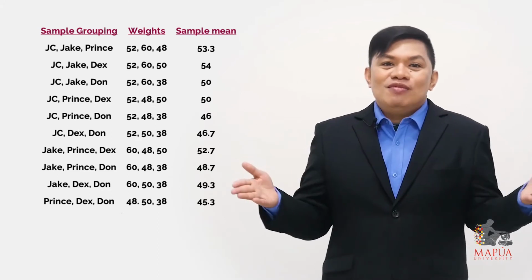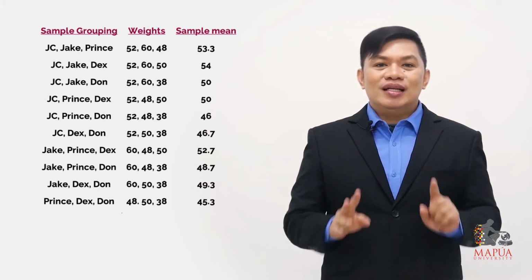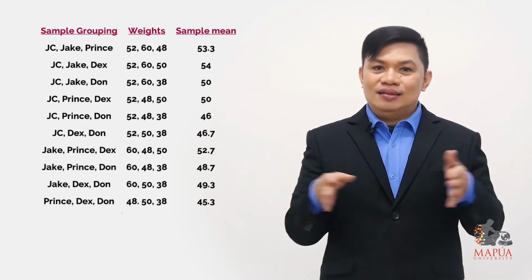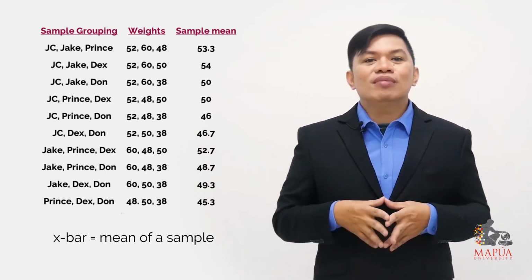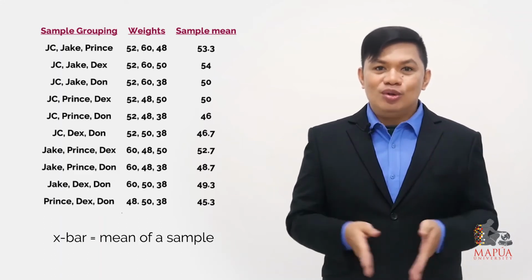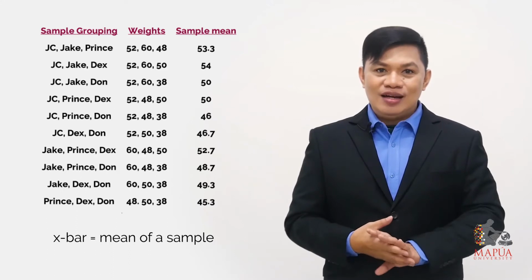So you don't need to specify 50 twice. So again, let's go back. Our random variable is, let's just put it in a symbol, like X bar. Okay, so our random variable is X bar, corresponding to the mean of a sample. And this X bar will have 9 possible values.